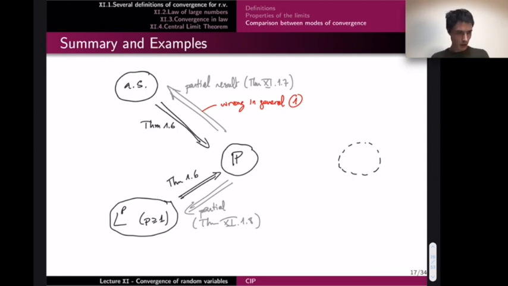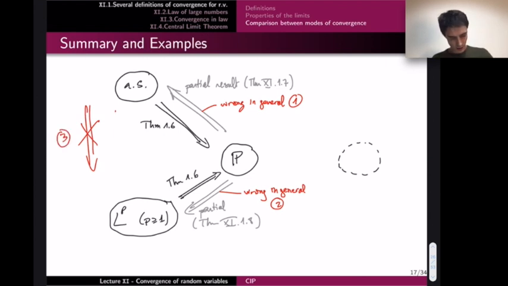Then I will give you another counterexample. So this one is wrong also. That will be example 2. Then that almost sure convergence does not imply LP convergence. That will be my third example.